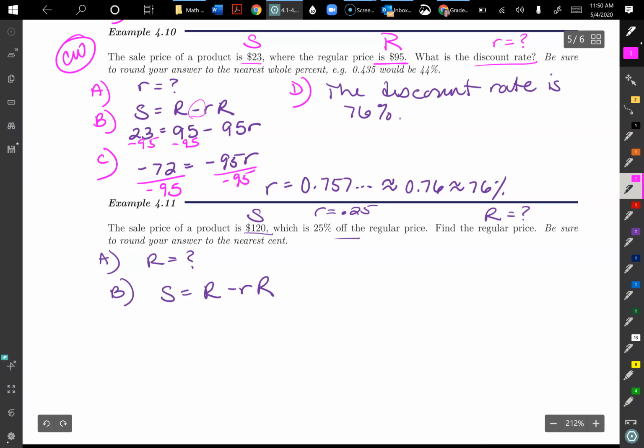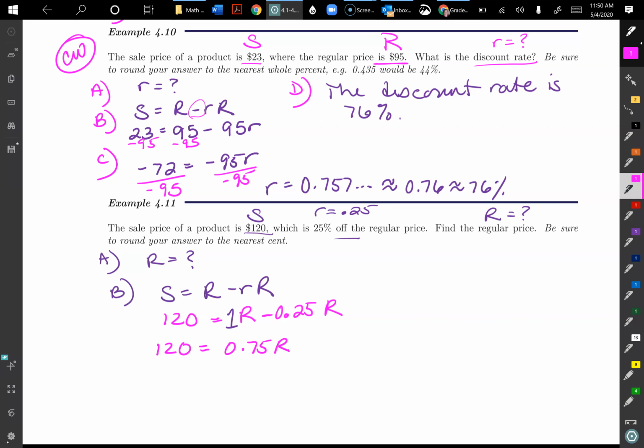And then we're going to plug in our values. 120 equals R minus 0.25 R. Remember this is like a 1, so then we have 120 equals 0.75 R this time, because we're subtracting, so we're only paying 75% of the price. Right, so that's another way of thinking of it.